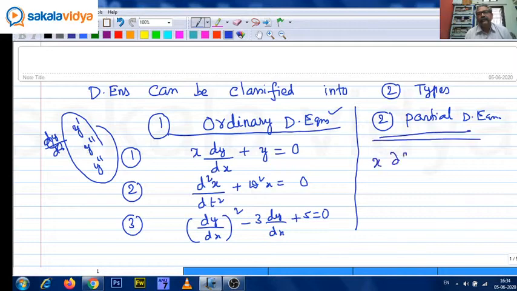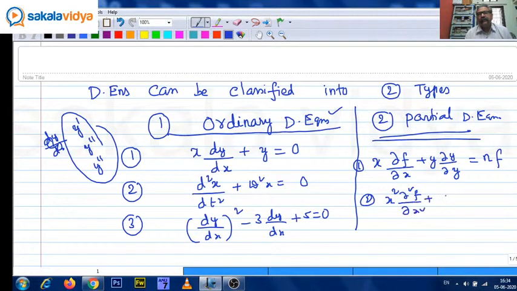Generally the partial differentiation x del f by del x plus y del f by del y equals n f. Second, x square del 2f by del x square plus 2xy del 2f by del x del y plus y square del 2f by del y square equals 0.